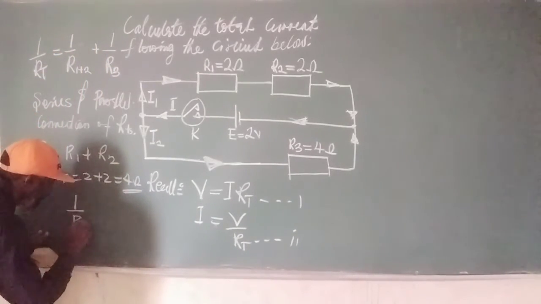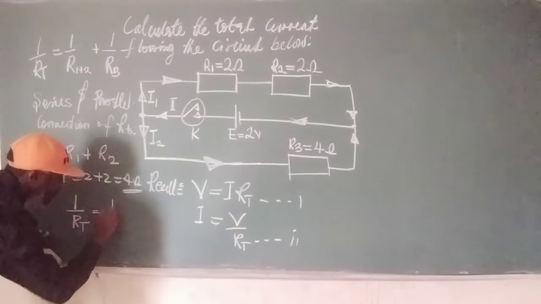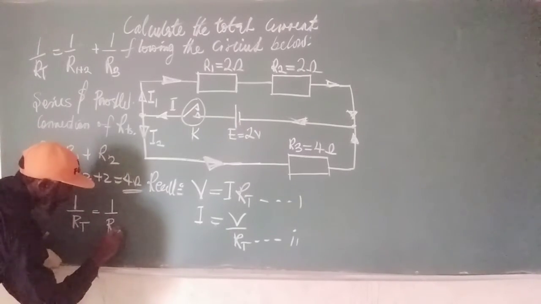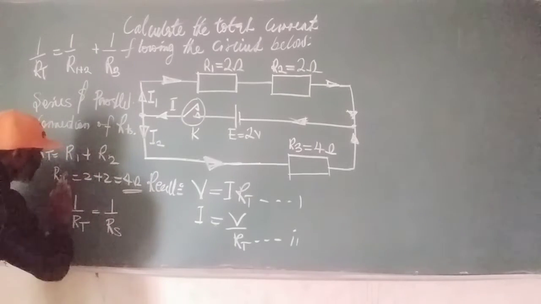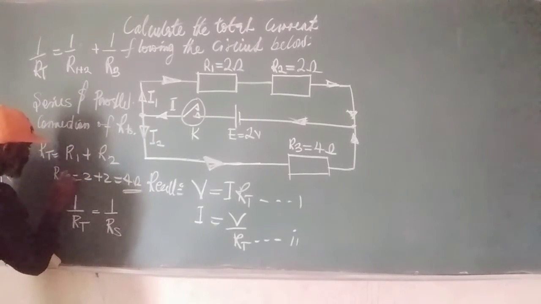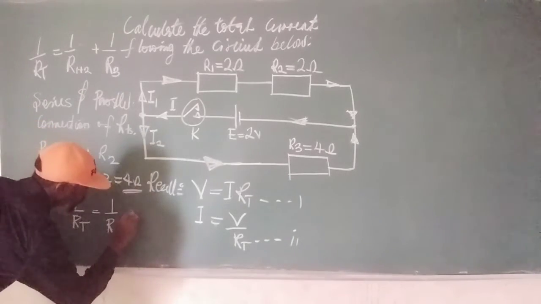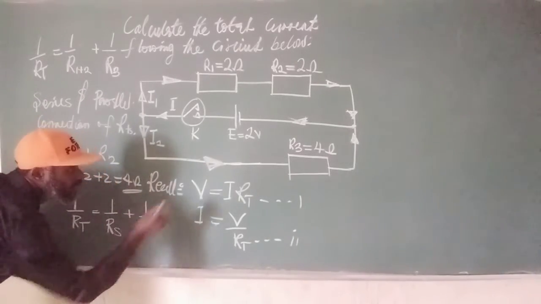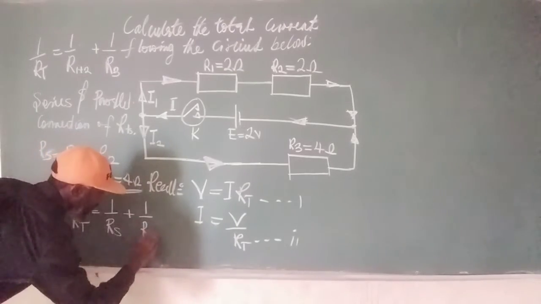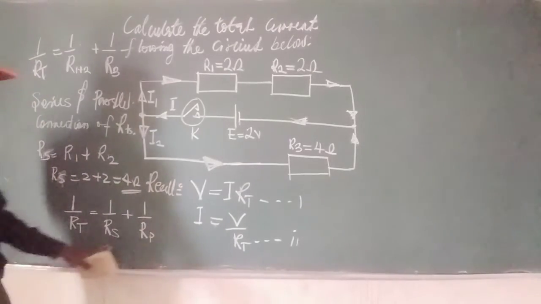That is 1 over RT is equal to 1 all over Rx, that is the series connected resistors, Rx, plus 1 all over that resistor in parallel. So that is it.